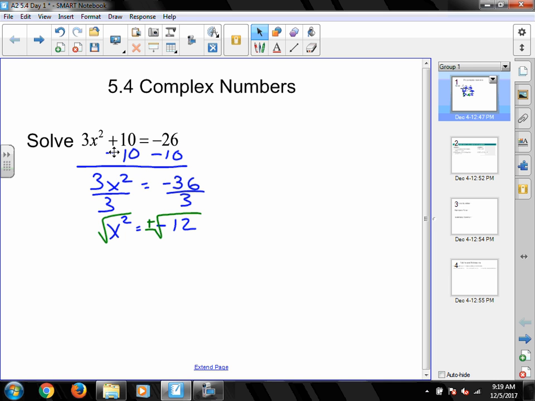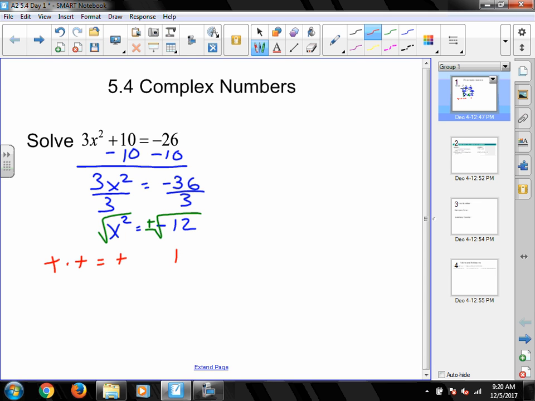Now, you guys may see that we've got a problem here. We're trying to take the square root of negative 12. So, you have to ask yourself, what number times itself is going to give me negative 12? Well, since it's a negative, the only way we can get a negative when we're multiplying is to multiply opposite signs. If we take a positive times a positive, that's going to equal a positive number.